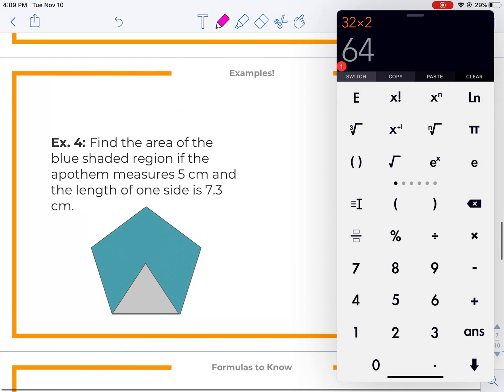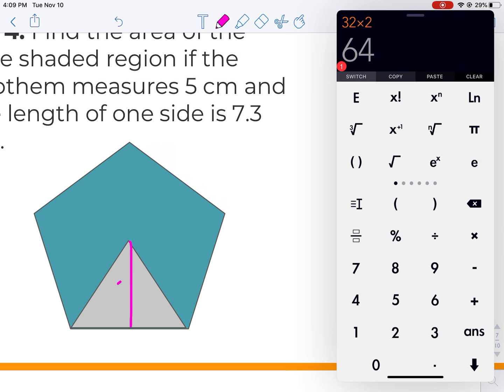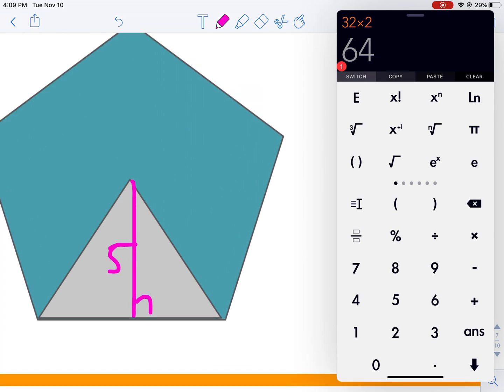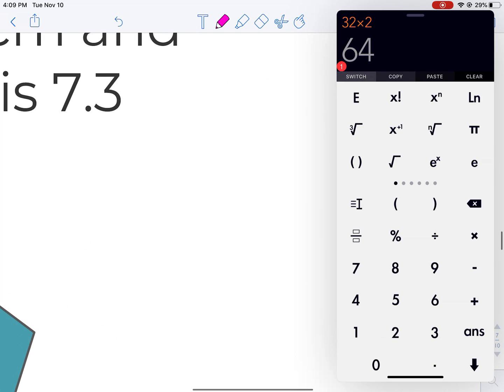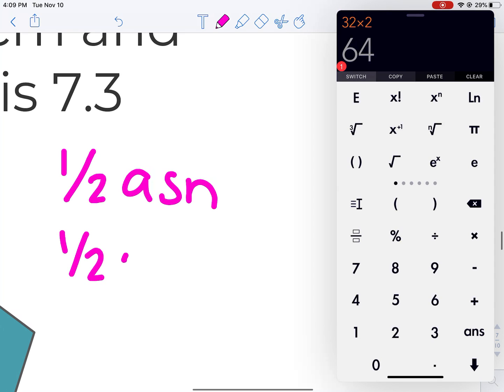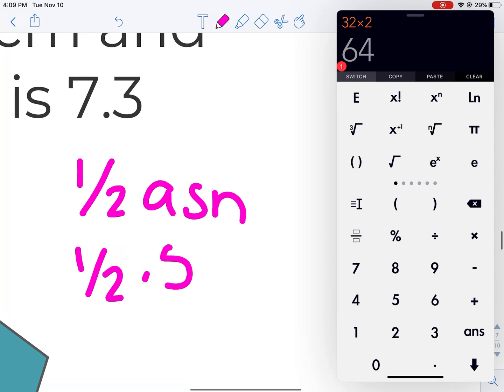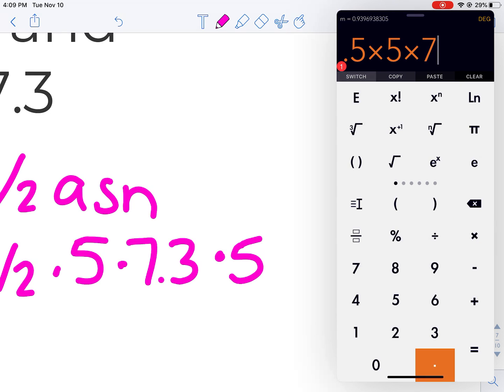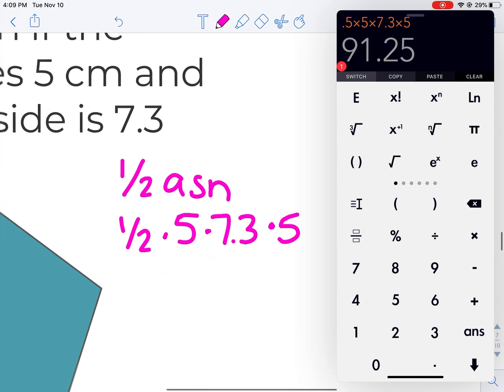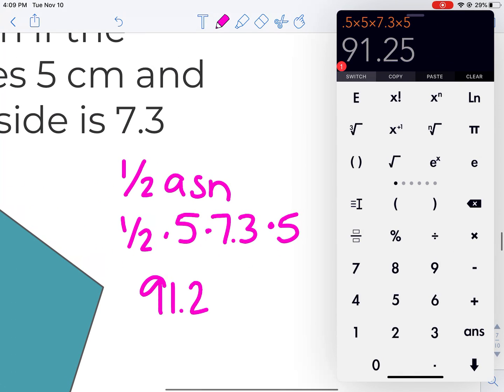All right, now we're going to find the area of the shaded region. We know our apothem is 5, and we know each side is 7.3. It's a pentagon, so I have 5 sides, so I'm doing 1/2 apothem side number of sides. So I have 1/2 times 5 times 7.3 times 5, which gives me my area, 91.25.